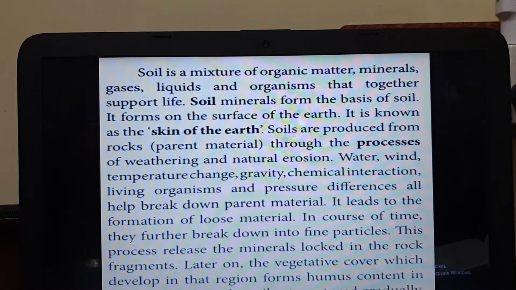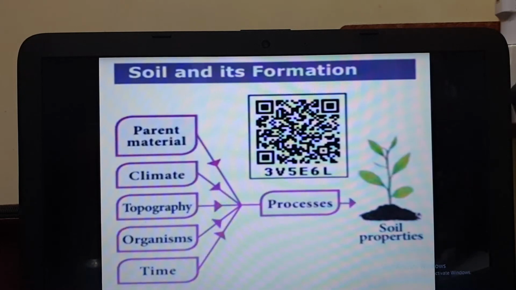Vegetative cover is nothing but small tiny plants that slowly grow on it, because of the formation of what? Humus. Humus is an organic component of soil. And this way the soil gets matured gradually, slowly.